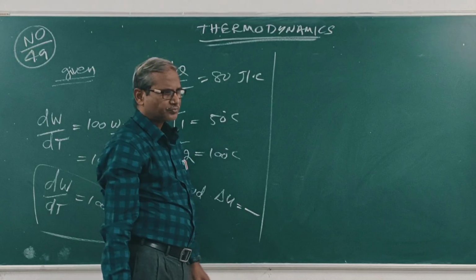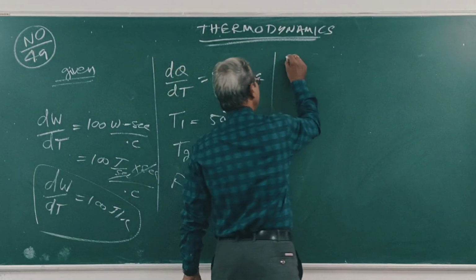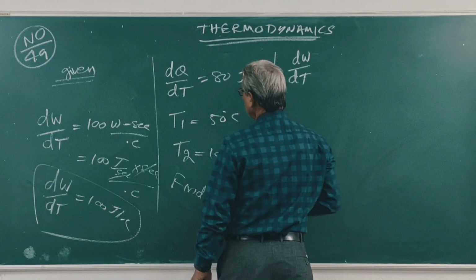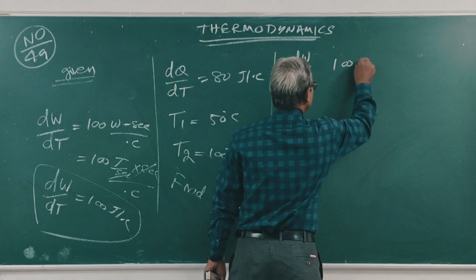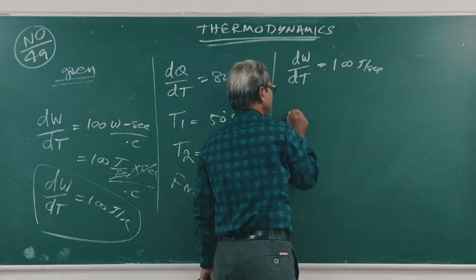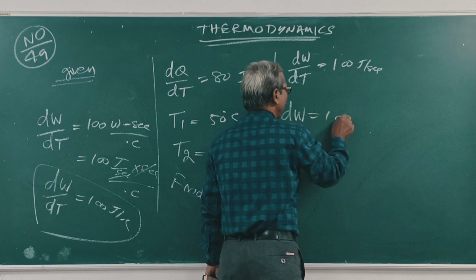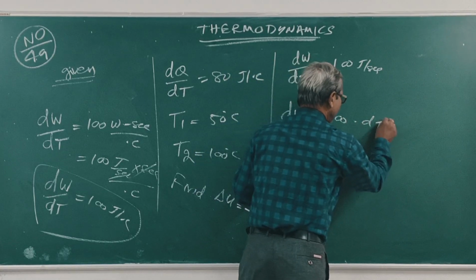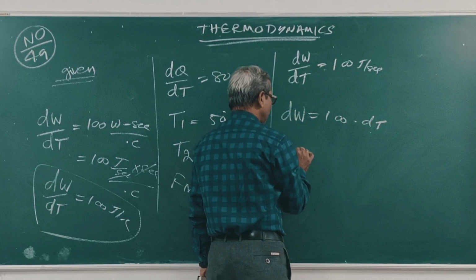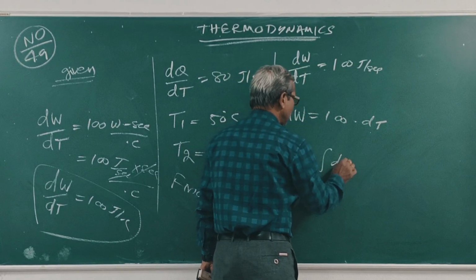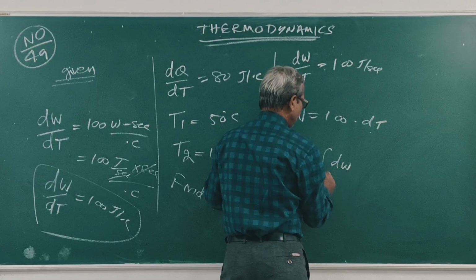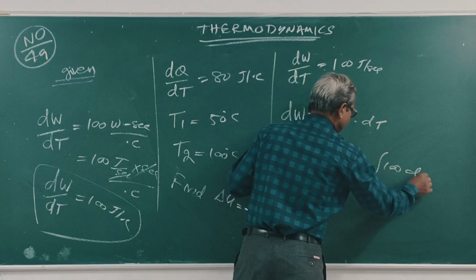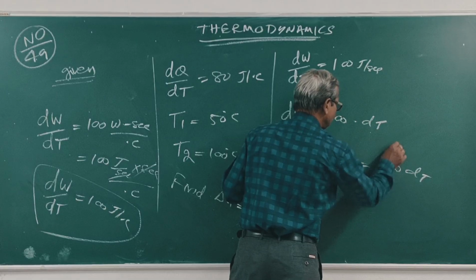Now, dW/dT is equal to 100 joule per centigrade. So dW is equal to 100 dT. Clear? What is W? Integration of dW, limit T1 to T2, is integration of 100 dT, limit T1 to T2.